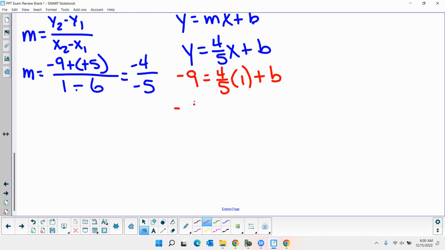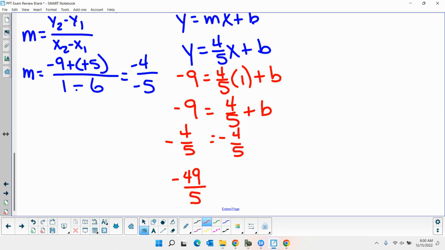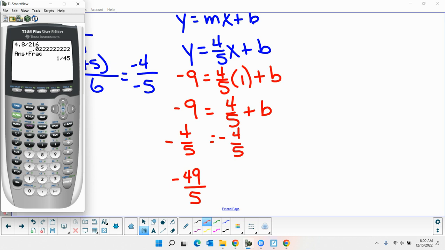All right, so negative 9 equals 4/5 times 1 is 4/5. So I'm going to subtract 4/5 over. And that comes out to negative 49/5. Or if you want to put it in your calculator, negative 9 minus 4/5, negative 9.8.